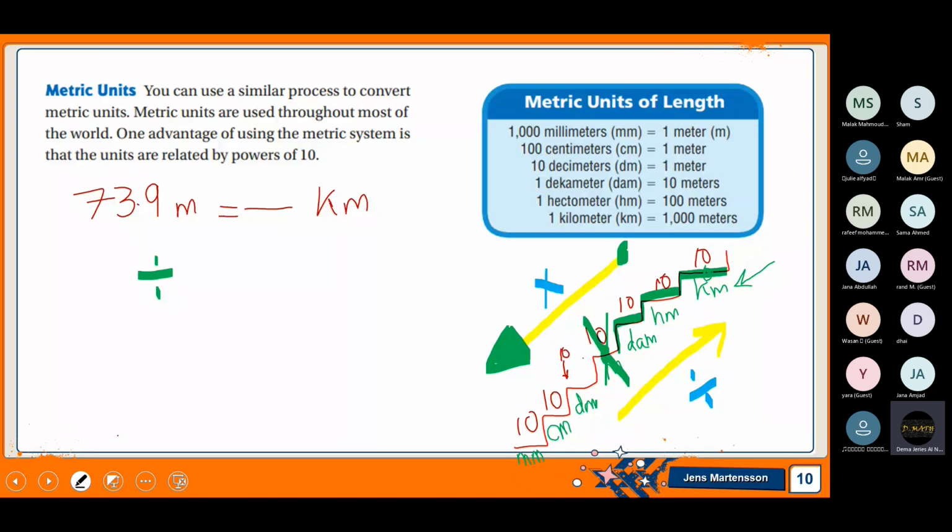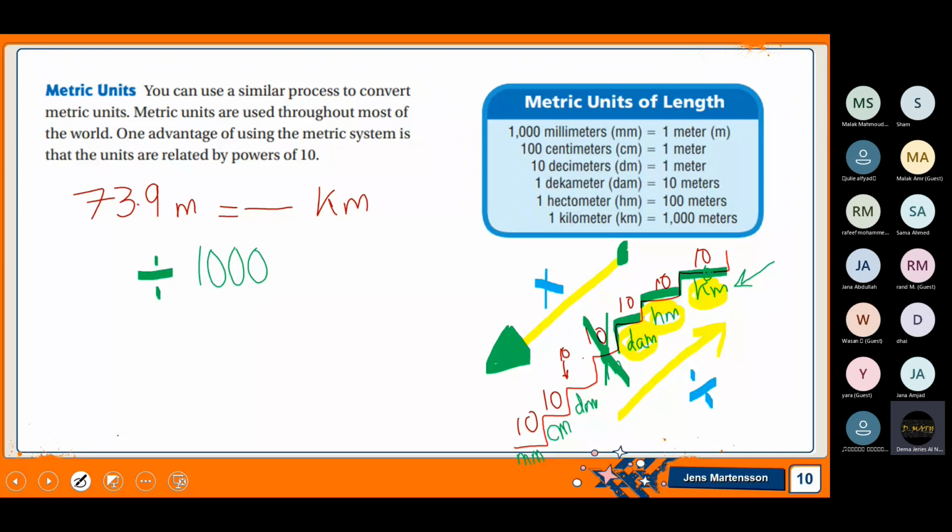Count all the steps after the meter. So what do we have now? We have decameter, hectometer, and kilometer. So how many tens do we have? 13. No, don't add them, multiply them. They are 10 times 10 times 10. So they are what? 1,000.